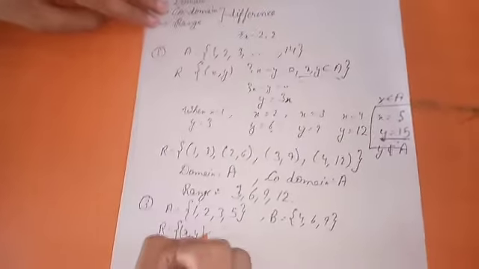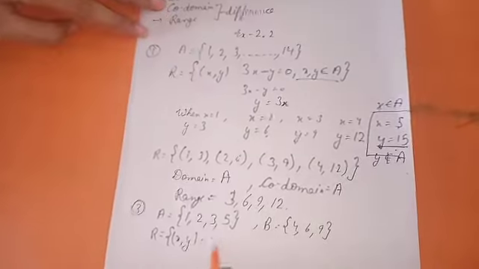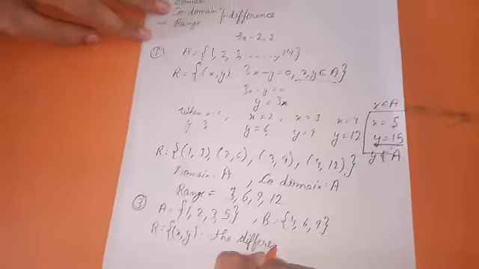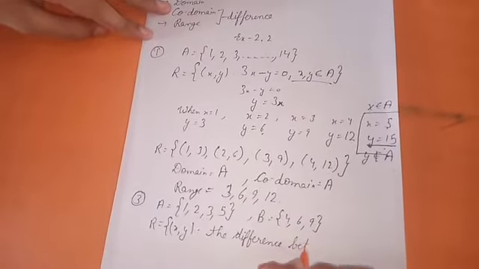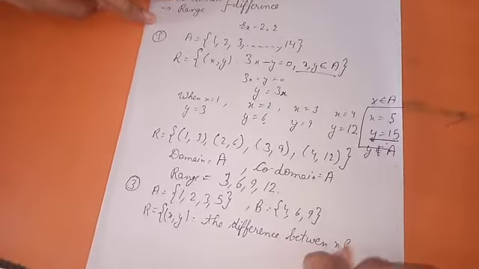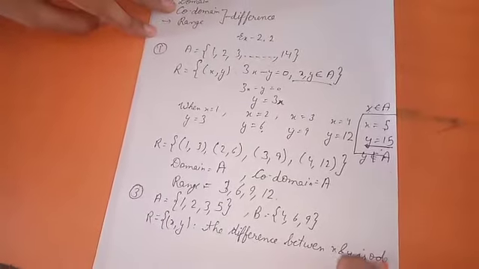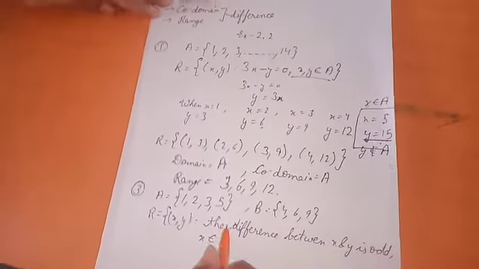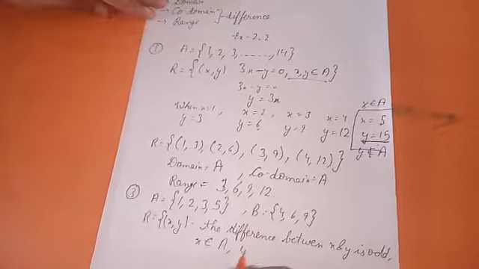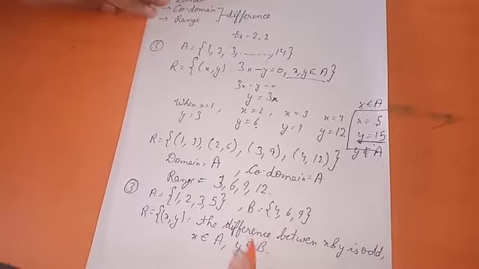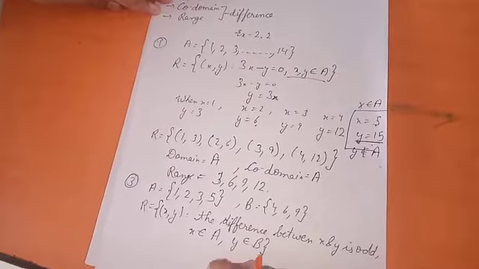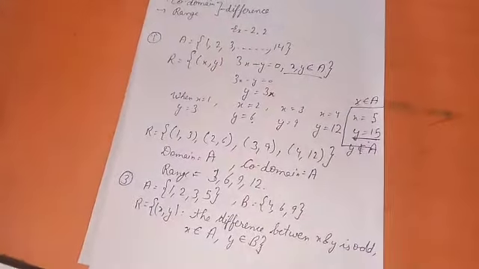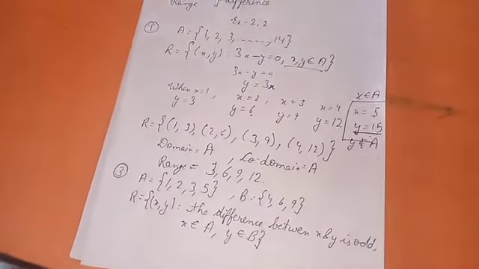X, Y, where the difference between X and Y is odd, X must lie in A and Y must be from B. Now similarly we have to write R in roster form.